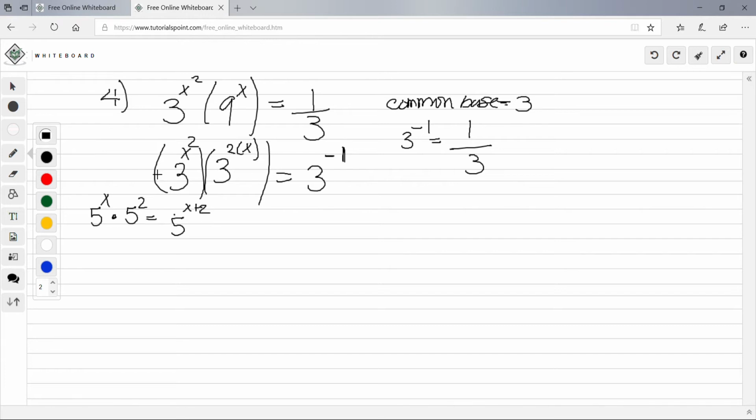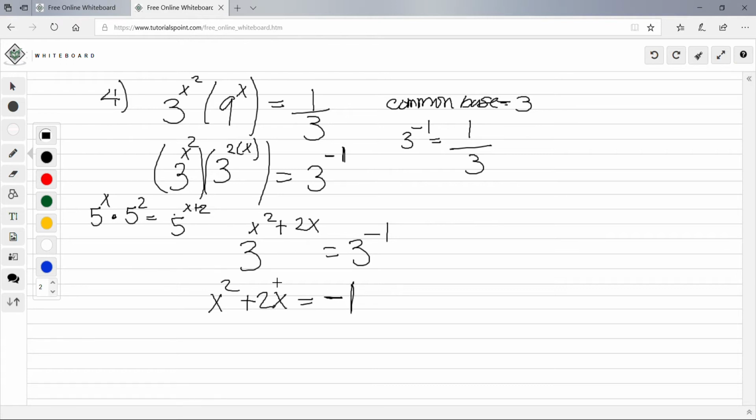So here we would have 3 to the x squared plus 2x, right? Because when we're multiplying these, you're really adding. Same base, ignore it for right now, so it's x squared plus 2x equals negative 1.